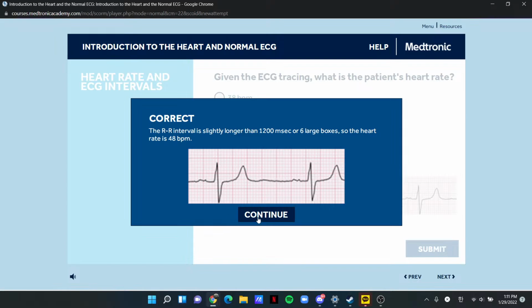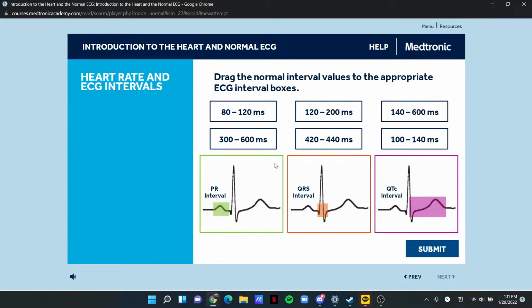Try to know my normal values to the appropriate ECG in the boxes. Oh, the ranges. QTC can be pretty high.